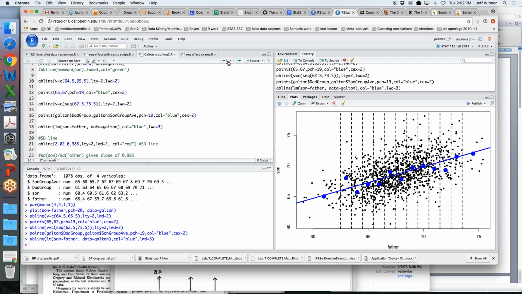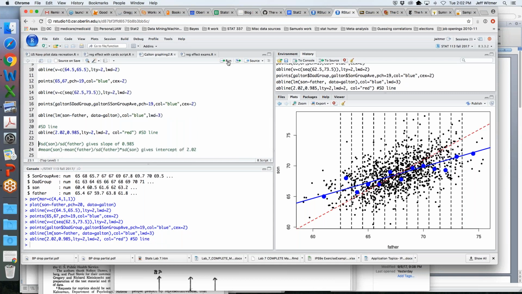And I want to add in the SD line. The dashed red line is the standard deviation line. It starts at the middle, average father, average son. Then on the SD line, when you go up by one SD, and it's convenient that for fathers and sons' heights, the SDs are basically the same, roughly 2.3 inches, if you go up by 2 inches on father's height, the SD line goes up by 2 inches on son's height.